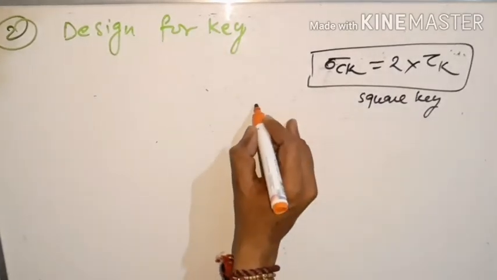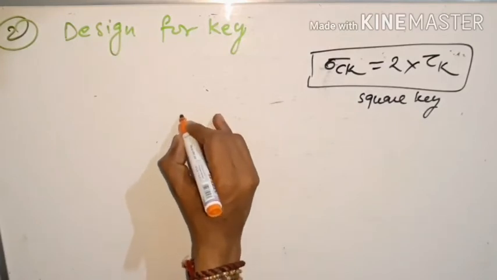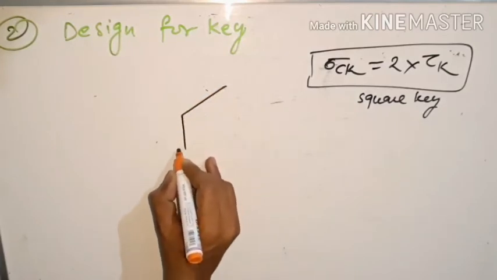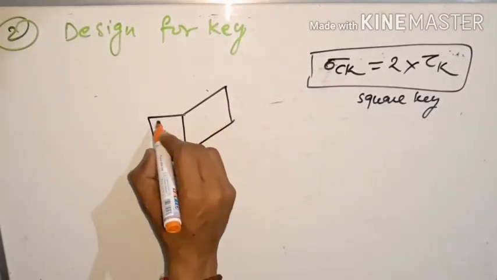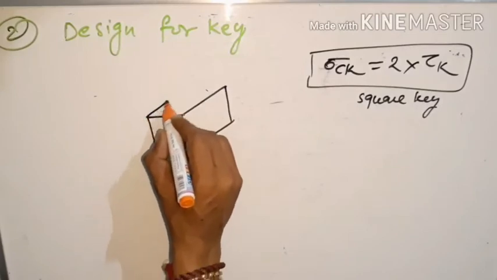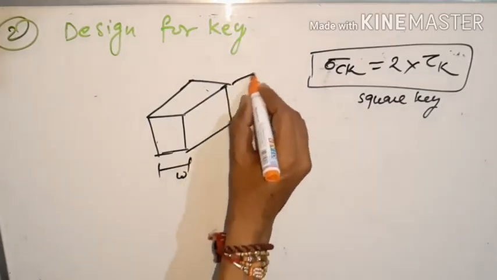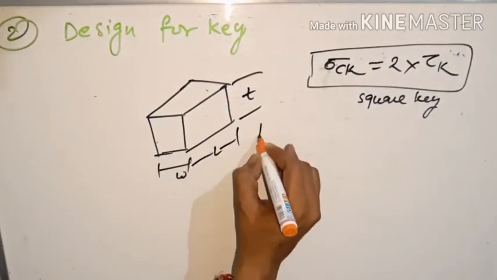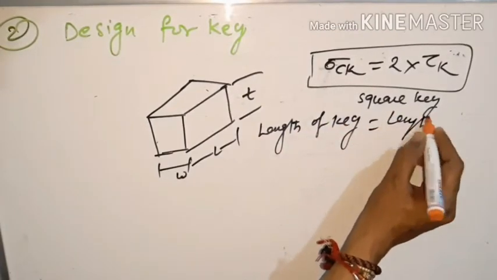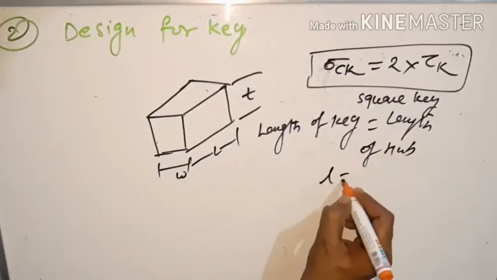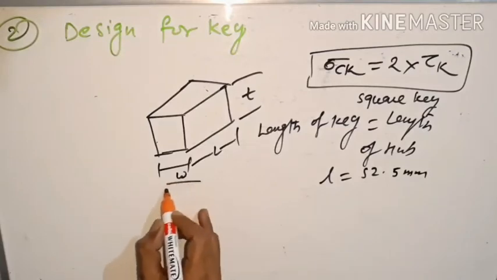So suppose this is your square key, this is your width, this is your thickness, and this one is your length. So length of key is exactly the same as the length of hub. So it is also equal to 52.5 mm. Okay, now we can check w and t.